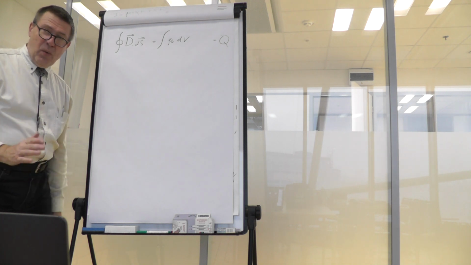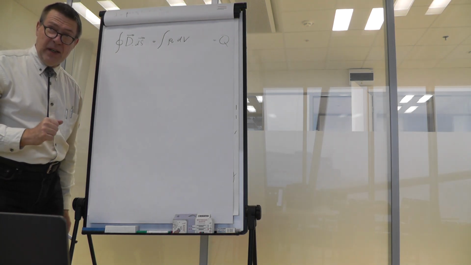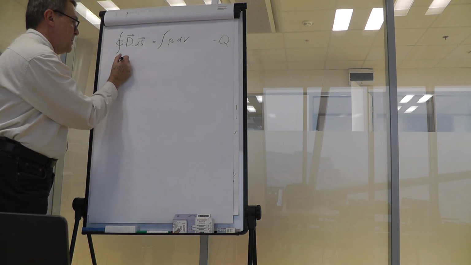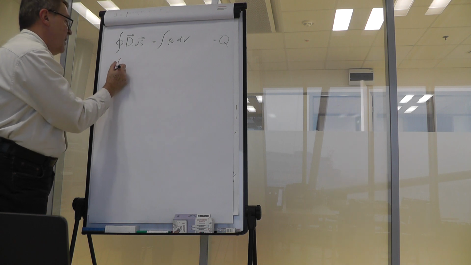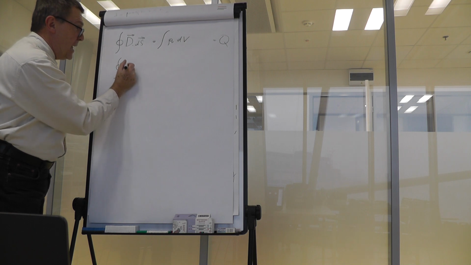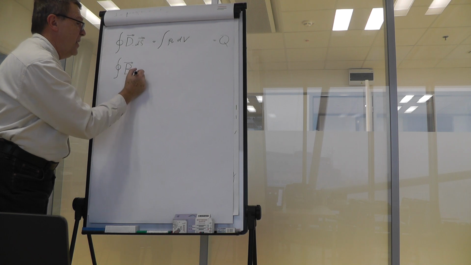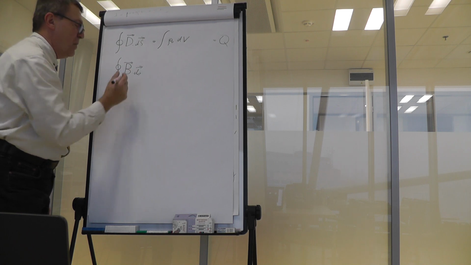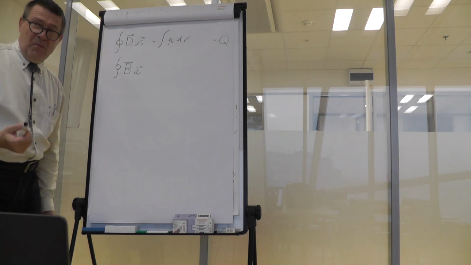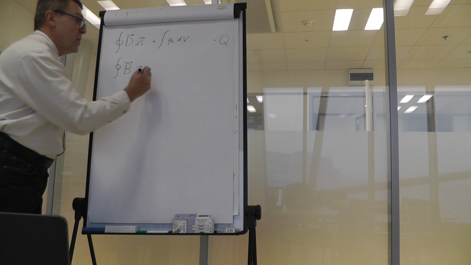Then we have another equation which is very, very simple. We have an integral of magnetic flux density over a closed surface, and this is really simple because this integral is always zero.